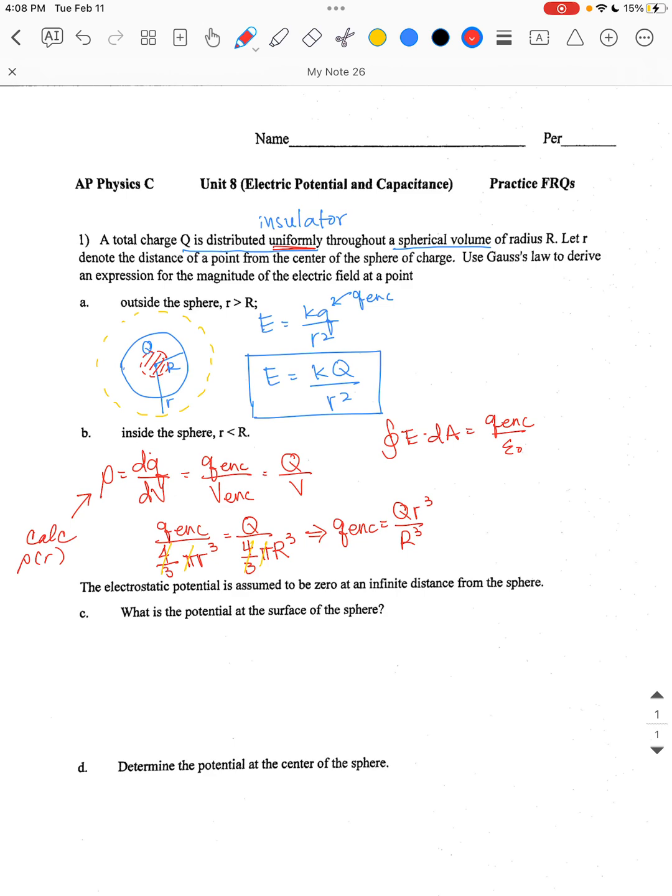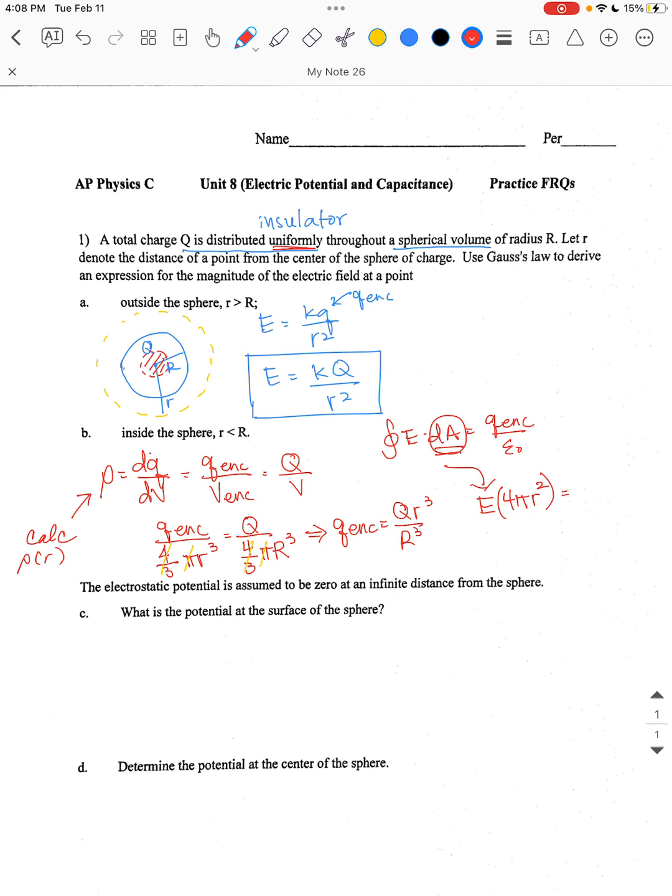I need to plug in the rest of my equation for Gauss's law, so I'm going to continue here, which is my electric field dot dA, if I do my enclosed integral, which is integrating along the entire surface of that sphere, I get the equation for the surface of a sphere. And this dA is always going to be the Gaussian surface, so always little r.